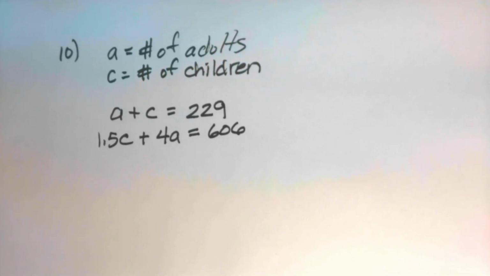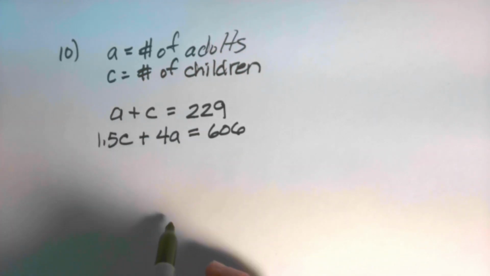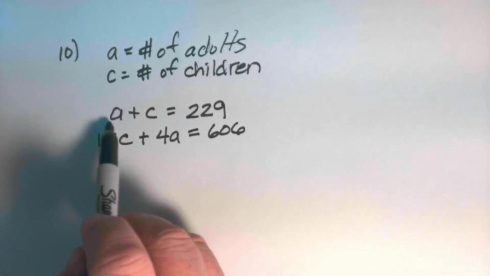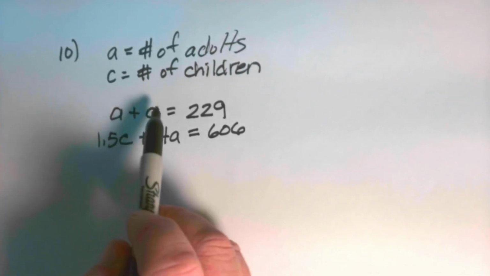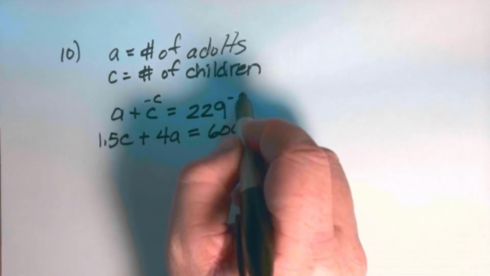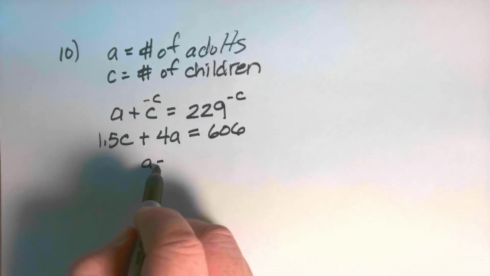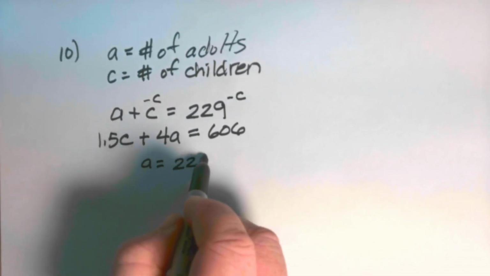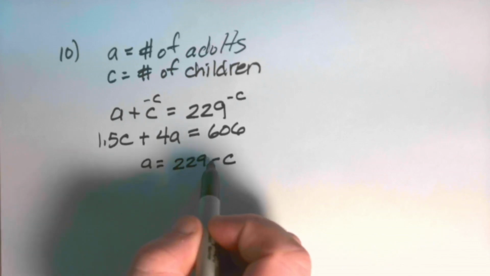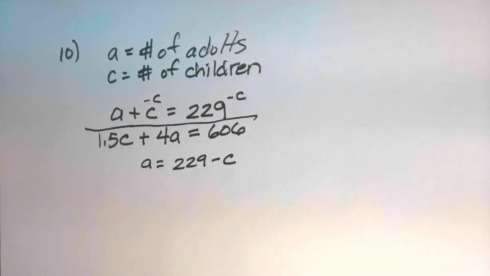This section is on using the substitution method, so I'm going to use the substitution method to do this. That means I want to get one of the variables all by itself. I'm just going to choose the variable A here, just because it's convenient, and I'm going to subtract C from both sides. So my first equation is now A is equal to 229 minus C. Okay, so there are my two equations, and this is all ready for substitution now.